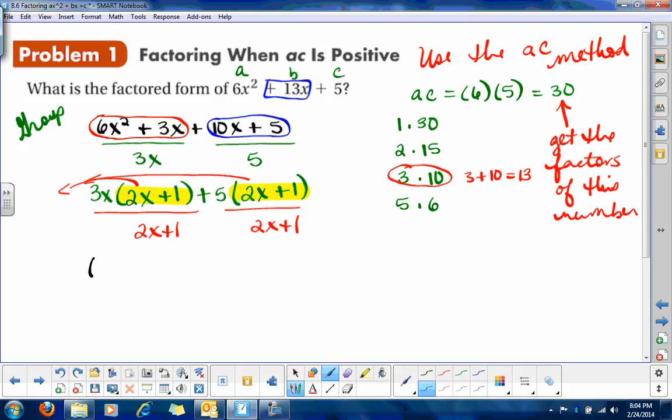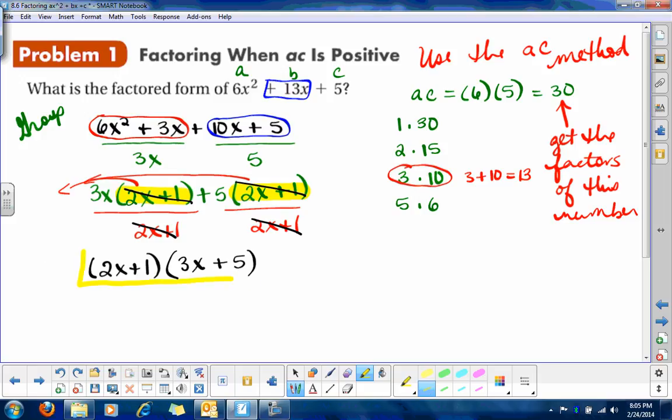We're going to factor out the 2x plus 1, and then we'll have to see what's left. The 2x plus 1 here and the 2x plus 1 here will cancel, and what's left is the 3x. And over here, again, the 2x plus 1 and the 2x plus 1 will cancel, and we're left with a positive 5. And there you have your two binomials. This is your final answer.